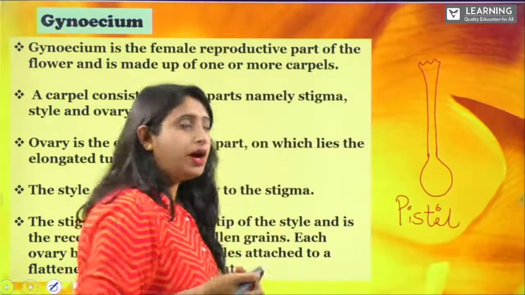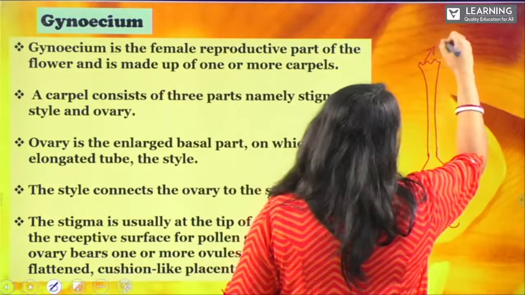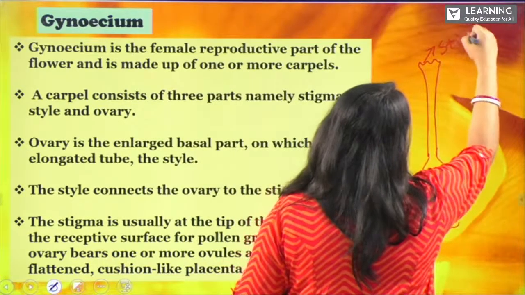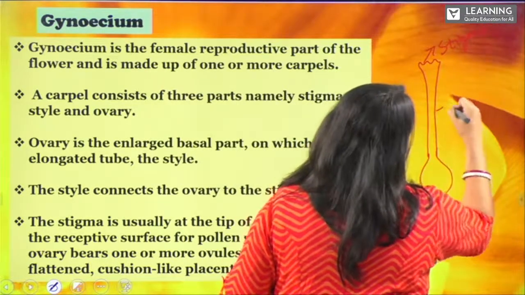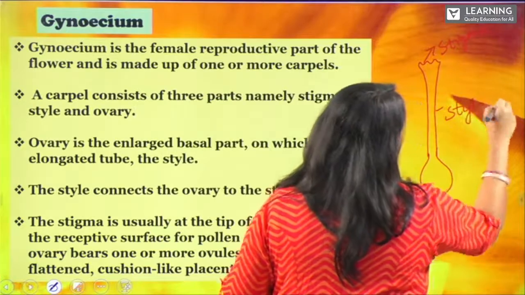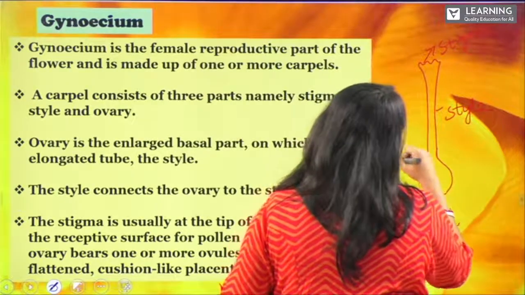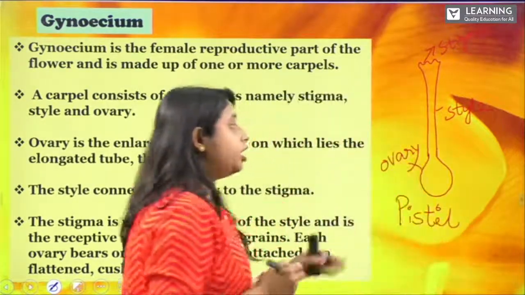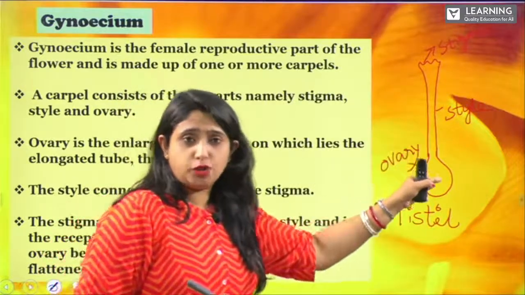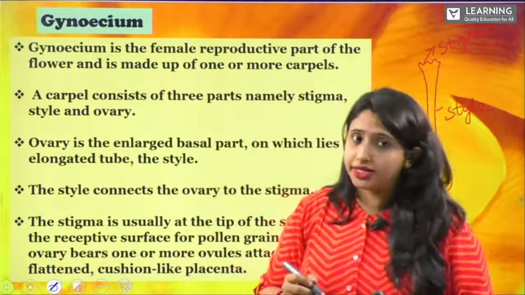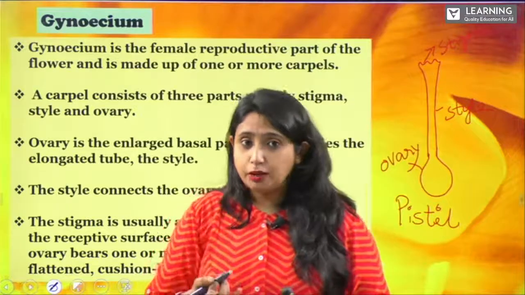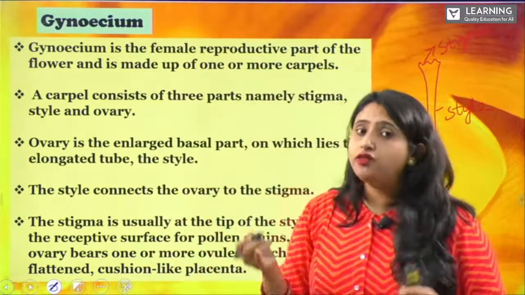What are the 3 parts? That is the stigma, then the style, and here I am writing the ovary. Now this ovary is the largest part, and it is at the base, the basal part.